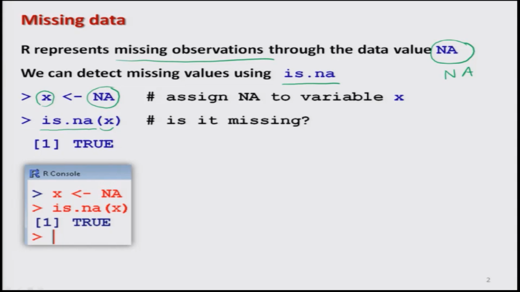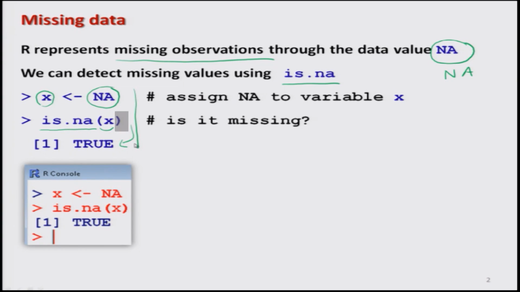This means I want to know, is there any value which is missing in x, and the answer comes here true. That means there is a missing value in x, and we can verify that here, right. So before we go further, let us do it over the R console and see whether we get this or not.